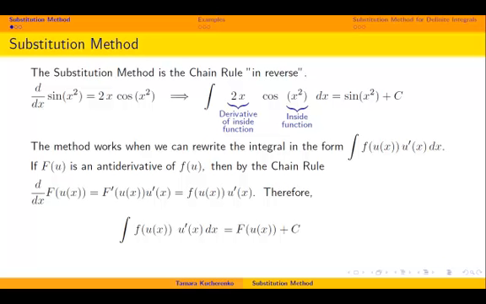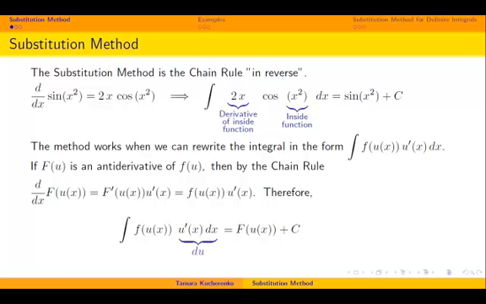The procedure to carry out substitution uses differentials. Recall that when u is a function of x, the differential of u, denoted by du, is u prime of x dx.